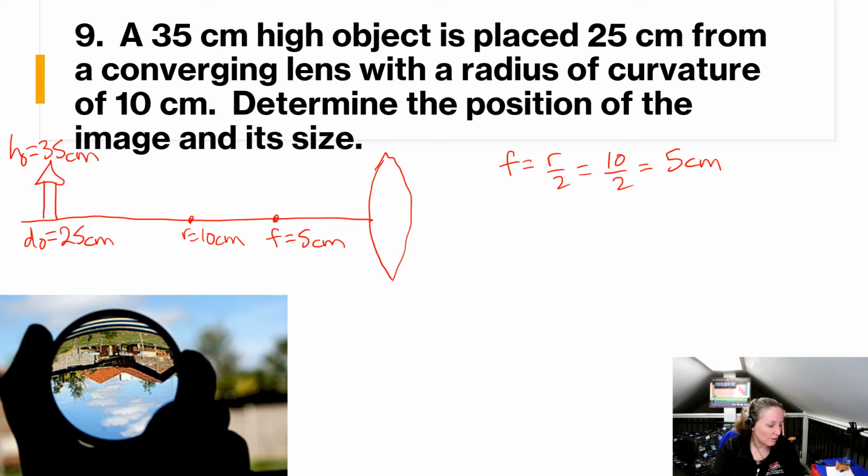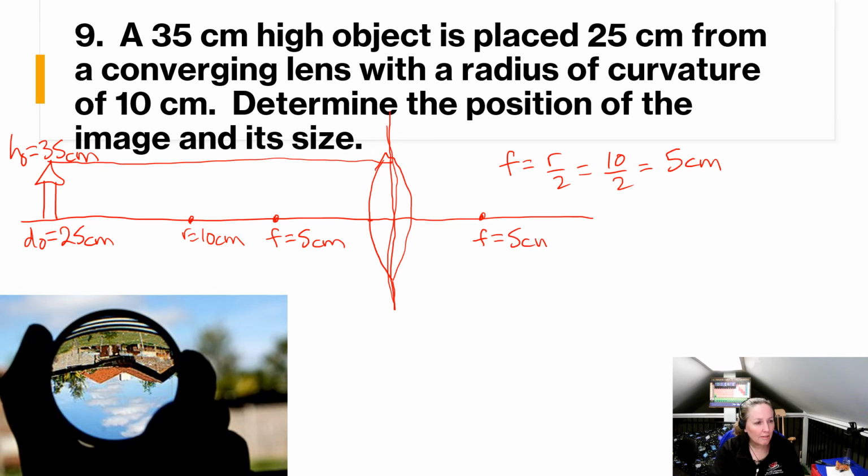And we get to do the drawing again. So we draw right down the middle of the lens, and we extend this past, and you're going to draw right across from the top, and then you're going to bend down. Now we're going to have a focal point on the other side too, and we draw down through it.